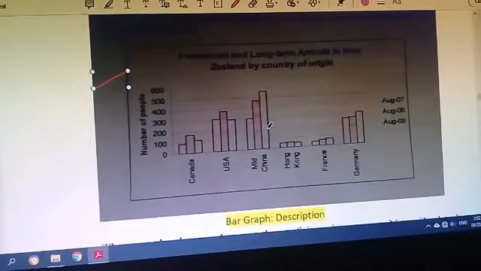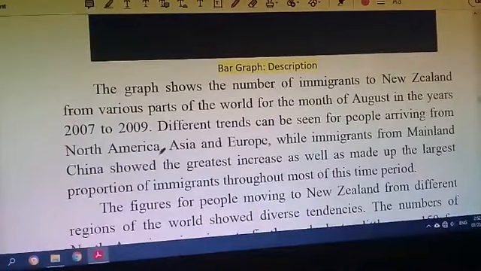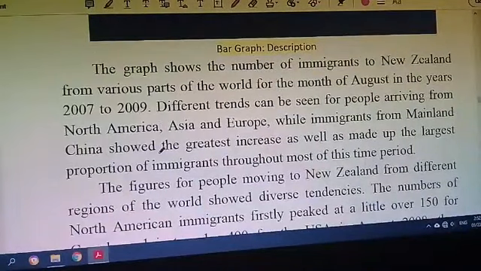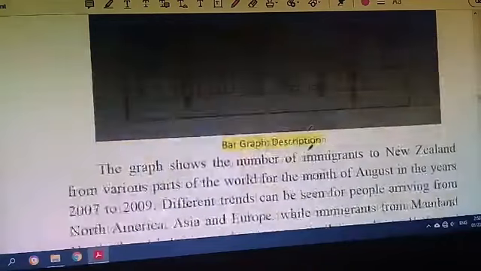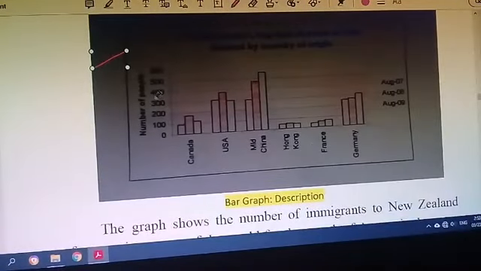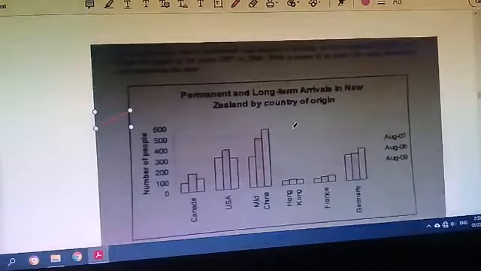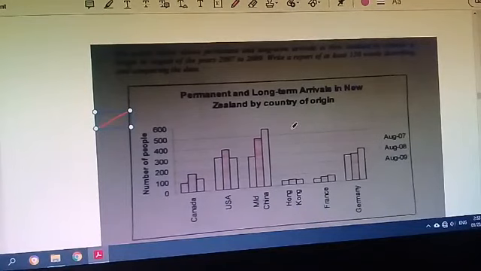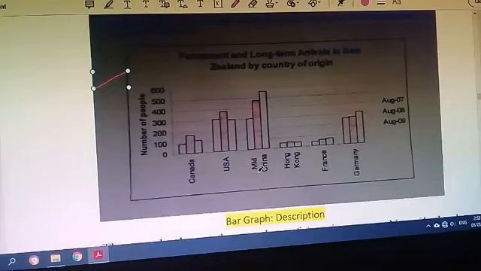That is the graph description which I am reading out. While immigrants from mainland China showed the greatest increase. You can see China here, number of people. This bar is China, very tall.